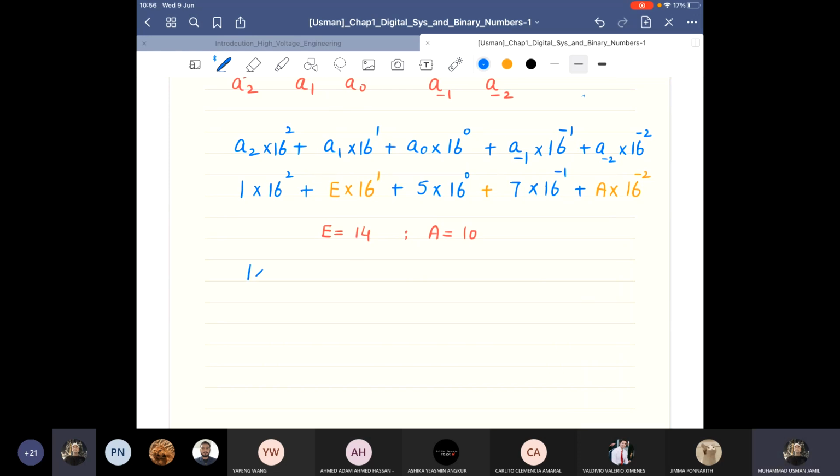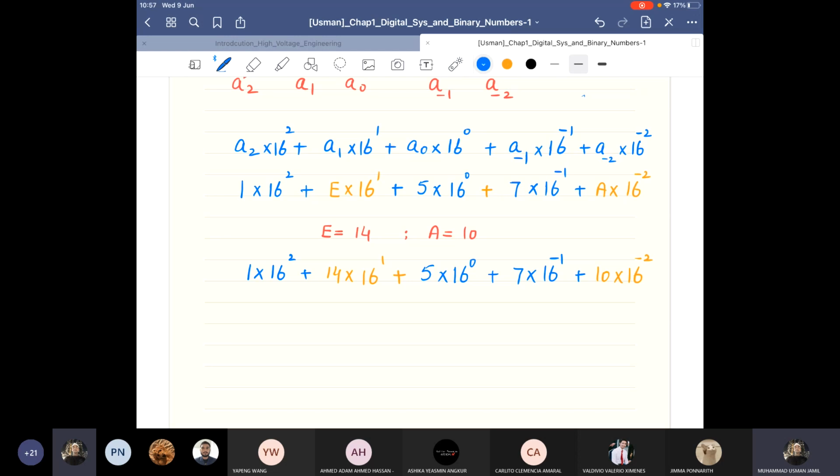1 into 16 power 2 plus 14 into 16 power 1 plus 5 into 16 power 0 plus 7 into 16 power minus 1 plus 10 into 16 power minus 2.